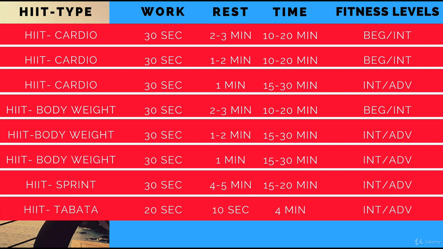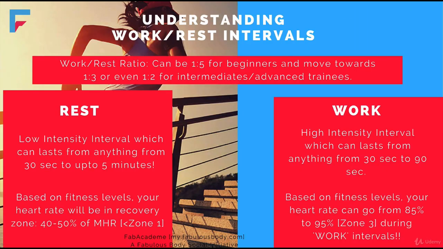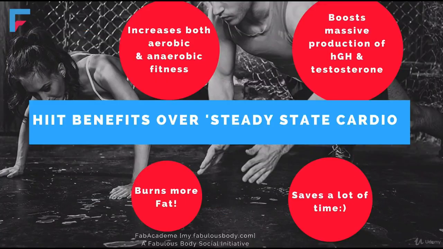All right, so we've covered this. Now, HIIT benefits over steady state cardio. In HIIT, you go into zones 1, 2, 3, all zones, so it increases both your aerobic and anaerobic fitness. As I mentioned in the last lecture, it boosts massive production of human growth hormone and testosterone.